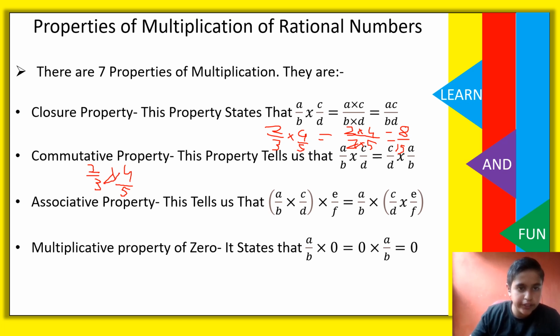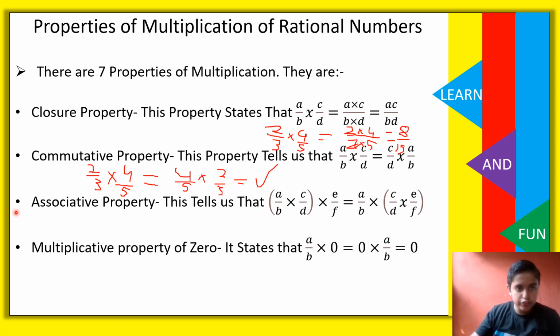This is equal to C upon D, which is 4 upon 5, into A upon B, 2 upon 3. So let's solve it. 2 into 4 is 8, and 4 into 2 is 8. 3 into 5 is 15, and 3 into 5 is 15. So 8 upon 15. Here also we get 8 upon 15. So this property also is correct.